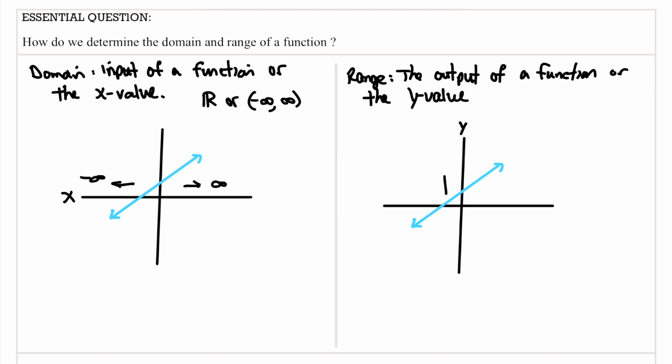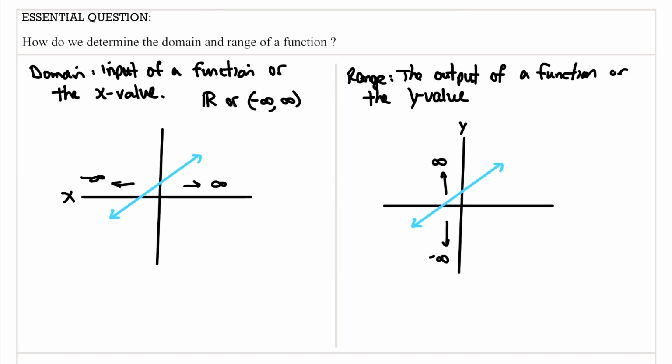So if we're looking up along the y-axis, 0 is here, and we've got points going up to infinity. And if we look down along the y-axis, as we go down this way, we've got points going down. So there are points to negative infinity.